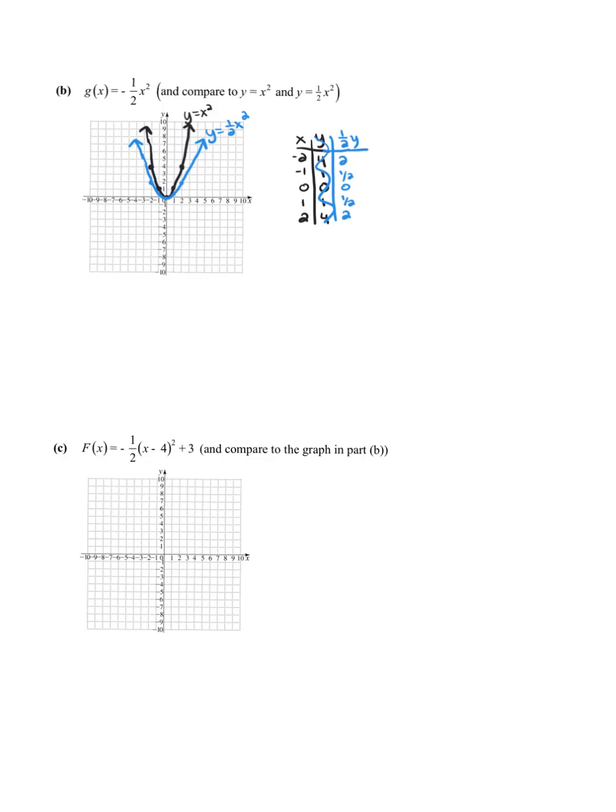And then to graph y equals negative 1/2 x squared, we would multiply the y's by negative 1/2. So negative 2, negative 2, negative 1, negative 1/2, 0, 0, 1, negative 1/2, 2, negative 2.